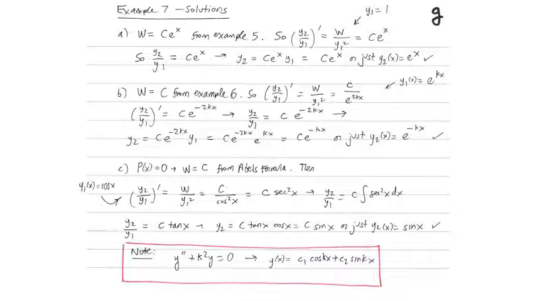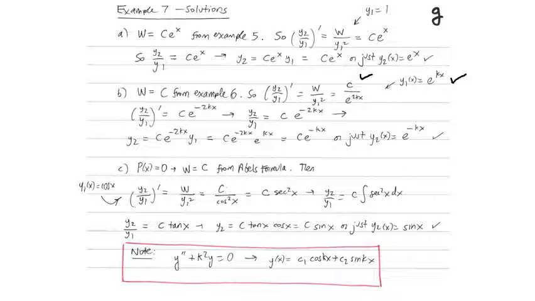For part B, we found the Wronskian is a constant from example 6 by using Abel's formula. Then that identity becomes (y2 over y1) prime is the Wronskian over y1 squared, which is a constant over e to the 2kx, because we're assuming y1 is e to the kx is a known solution of our differential equation.